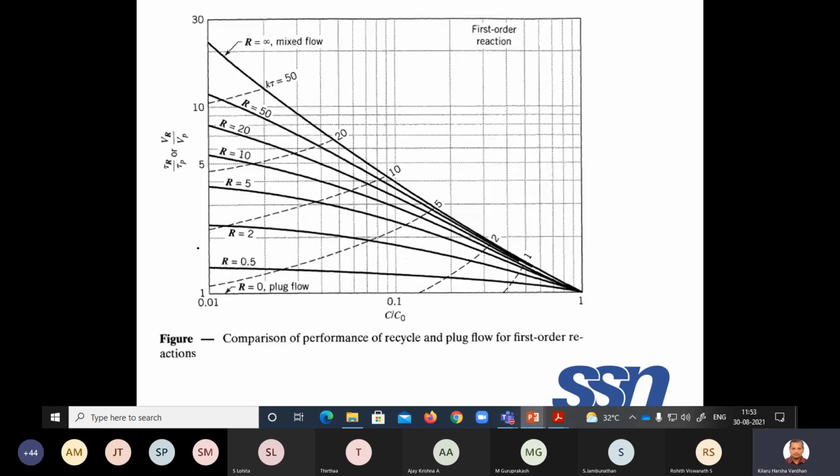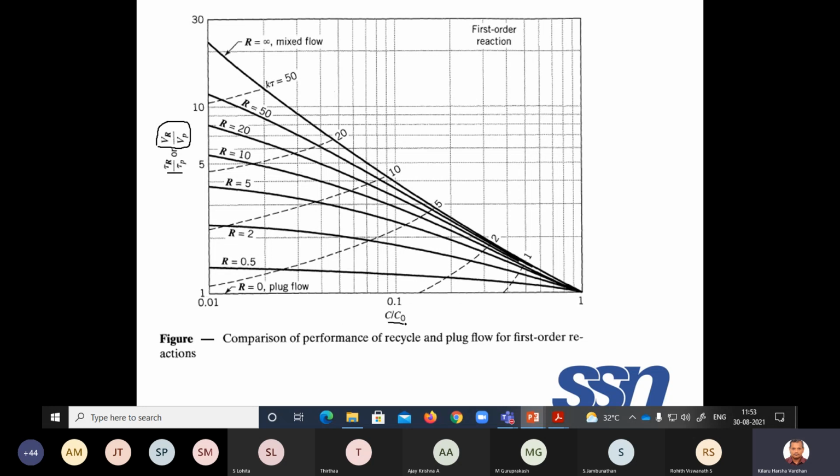Again, you want to draw a graph between C by C naught and tau R by tau P, that is, the recycle reactor tau to that of plug flow, or the volume of recycle to that of plug flow. This is R equal to 0. When R tends to 0, your ratio of taus will become this particular thing.